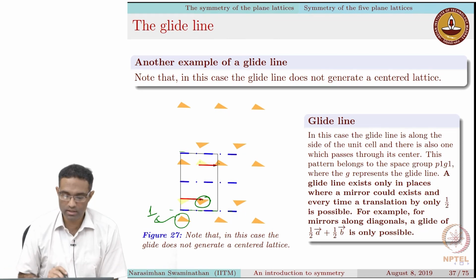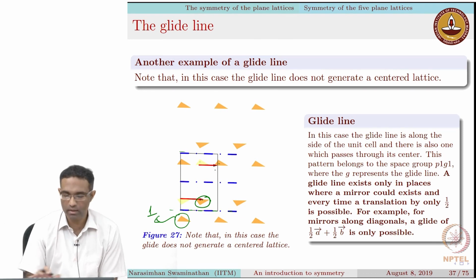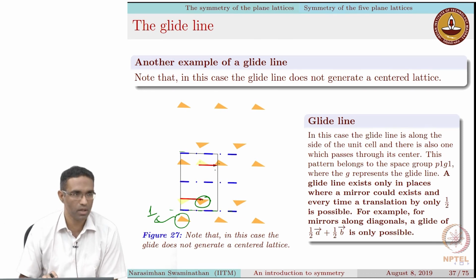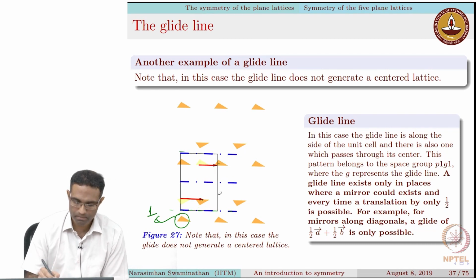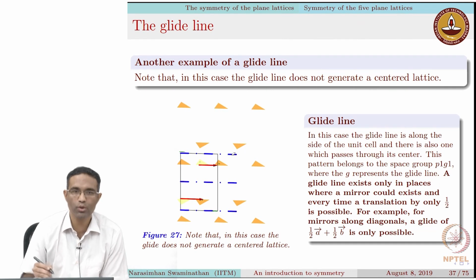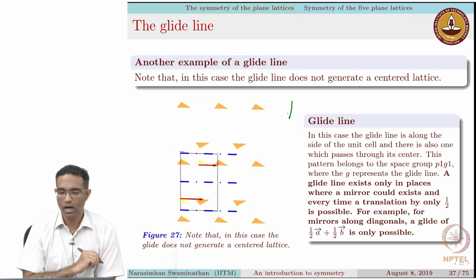So in this case, if you wanted to write the space group, then the first thing you would look at is whether there is any rotational symmetry present. Are there any rotational symmetry present in this pattern? Can you identify 2-fold, 3-fold, 4-fold axis? So what would I put in that slot? 1. Okay. Are there any mirrors?